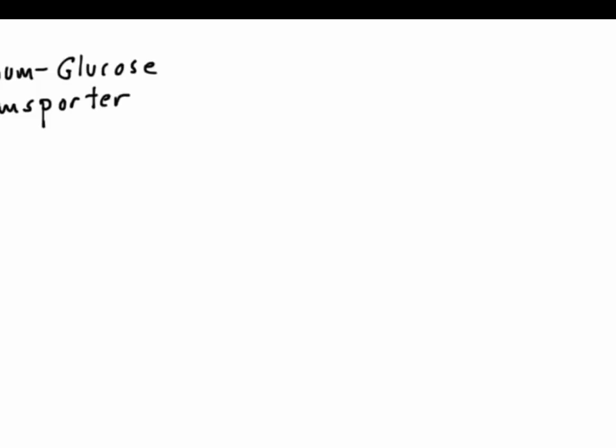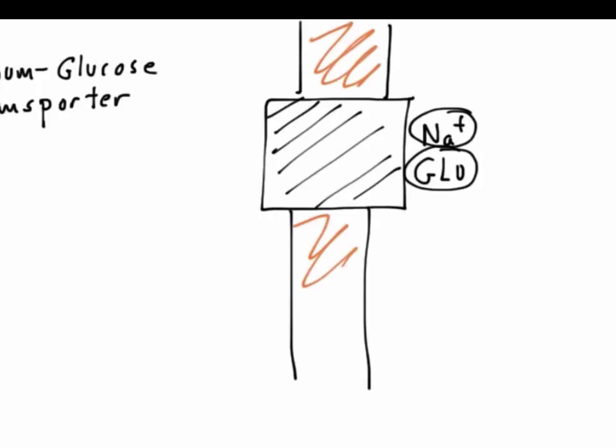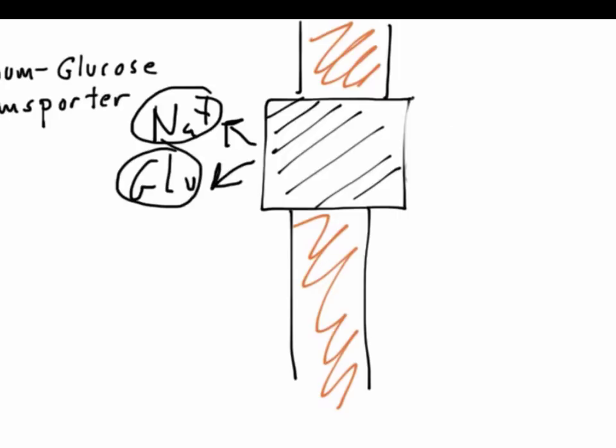This co-transporter binds to one molecule of sodium and one molecule of glucose and transports both molecules together across the membrane. The transport can occur against a glucose gradient because the sodium gradient is always much higher on the outside of the cell. So glucose is actually piggybacking off of the sodium gradient to be transported against its concentration gradient.